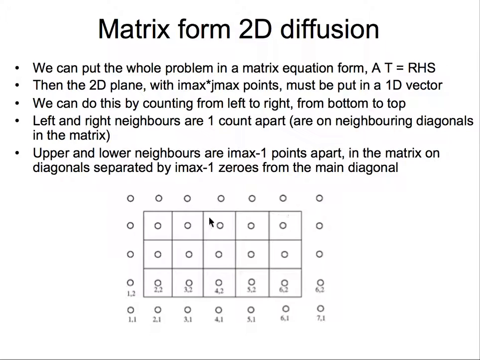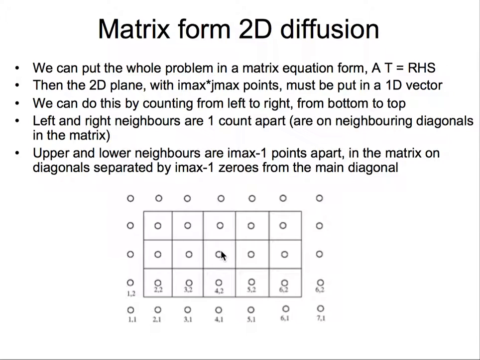Note two things. If we have a temperature in a certain point, then the left neighbor has an index which is 1 less in the 1D vector. The next one, the right neighbor, has an index which is 1 larger than for the central point. How about the points at the bottom and at the top?